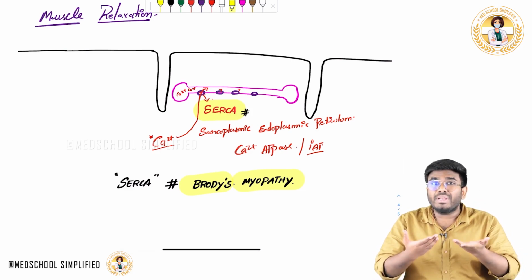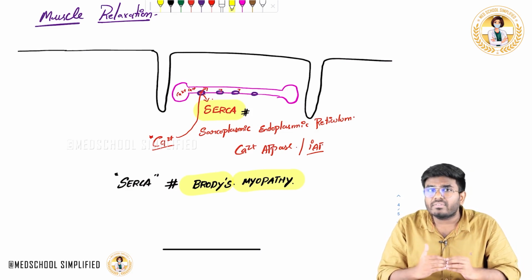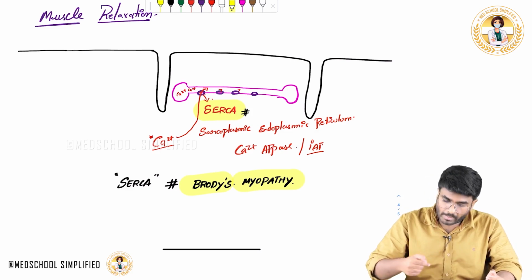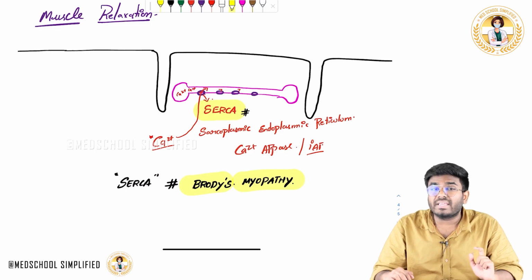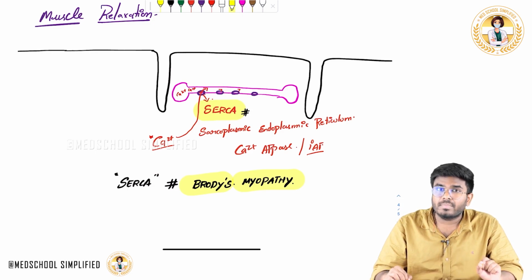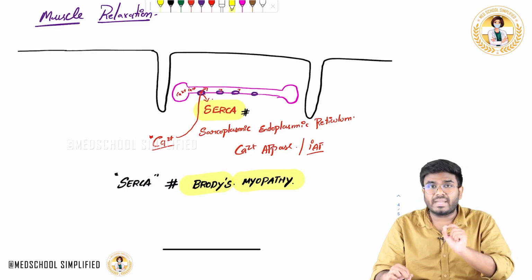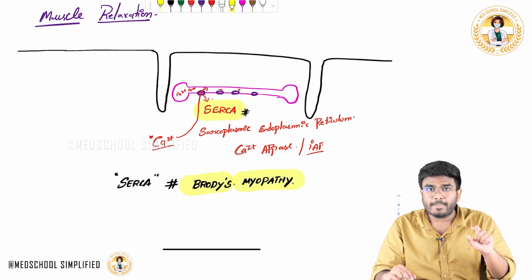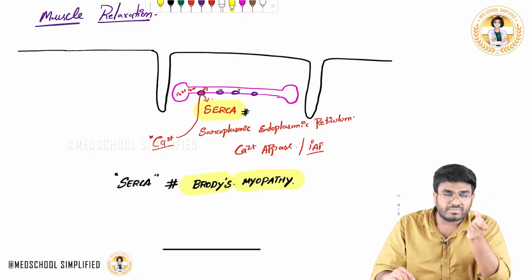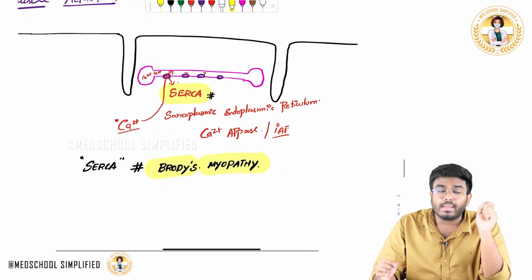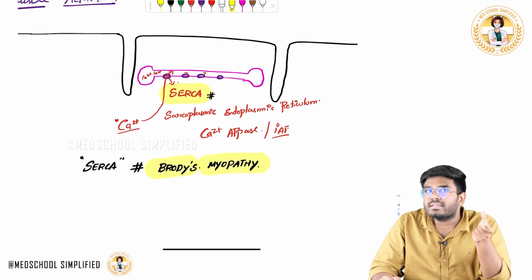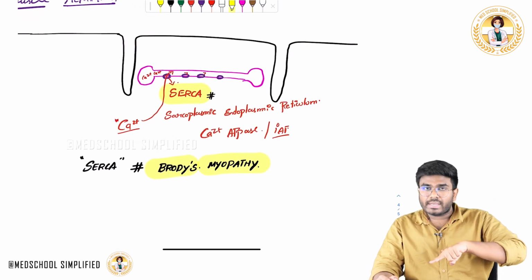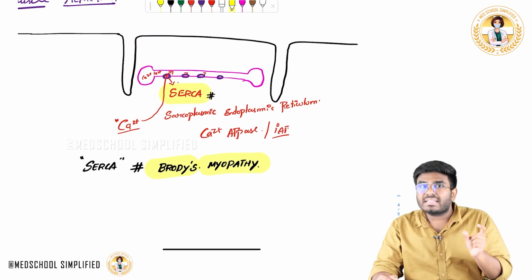After the contraction, during the relaxation phase, the calcium will go back into the sarcoendoplasmic reticulum with the help of the sarcoendoplasmic reticulum calcium ATPase, which is called SERCA. If that protein is mutated or damaged, it is going to cause Brody's myopathy.